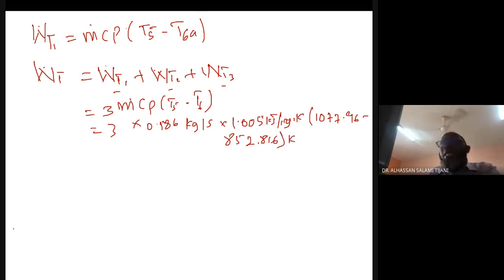If you calculate this carefully, eventually the result is W for the turbine is 126.26 kilowatts.